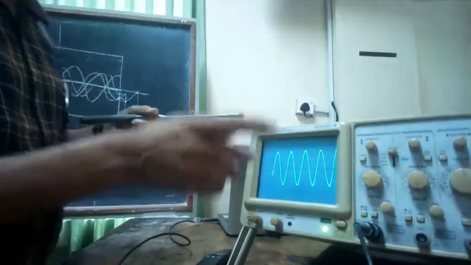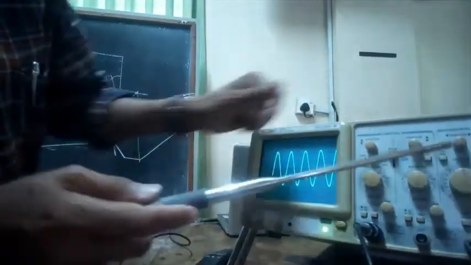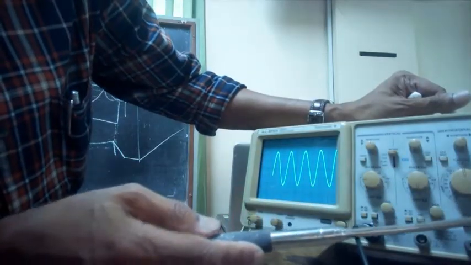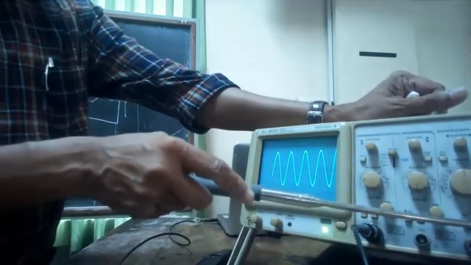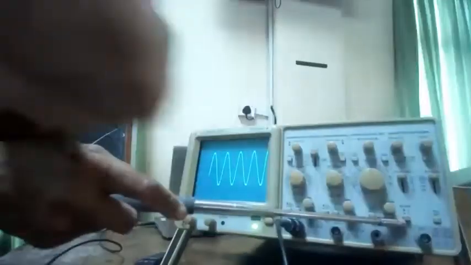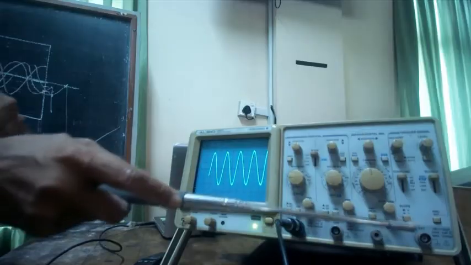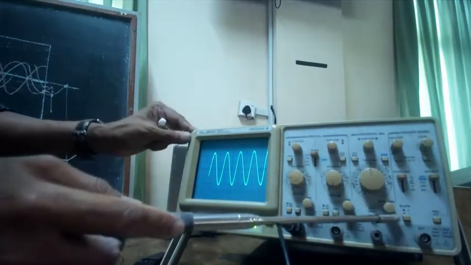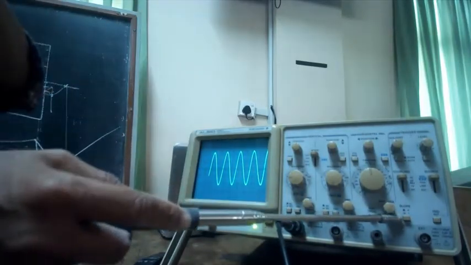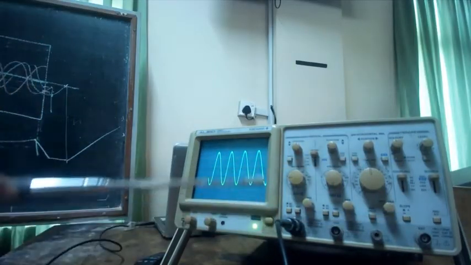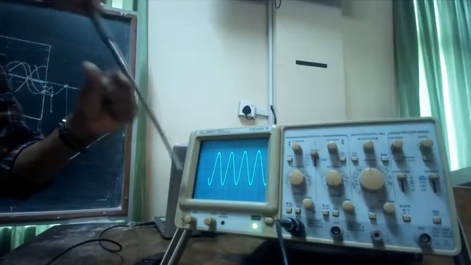As well as the direction. Now there is another one called direction, the slope. This one right here, the slope button, plus and minus. Now it is in the up position, which corresponds to positive. If you press this, it's negative, so that it is going down.